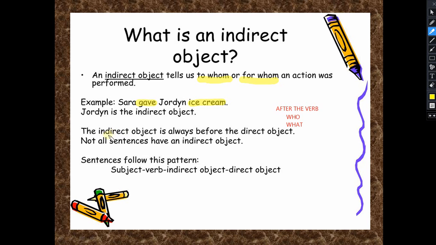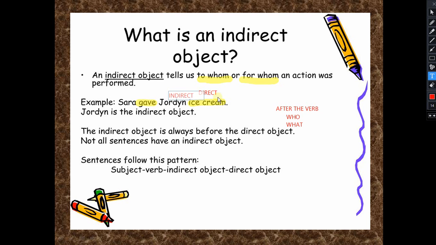Now see, the indirect object is always before the direct object. It says always, but not always actually. I will give you an example later. In 99% of cases you will get it before, like this ice cream, our direct object, and Jordan, our indirect object.